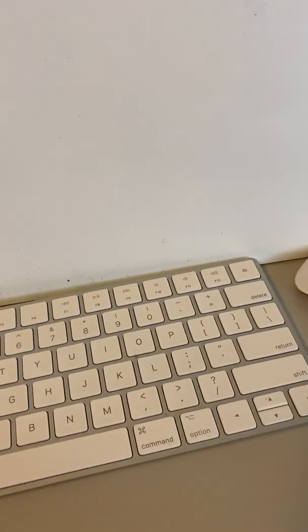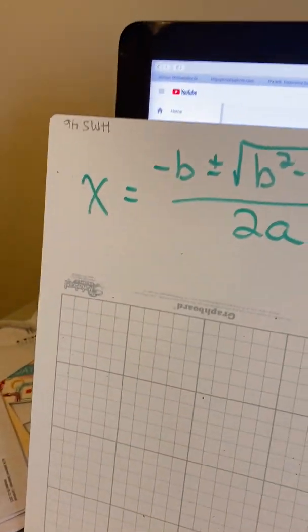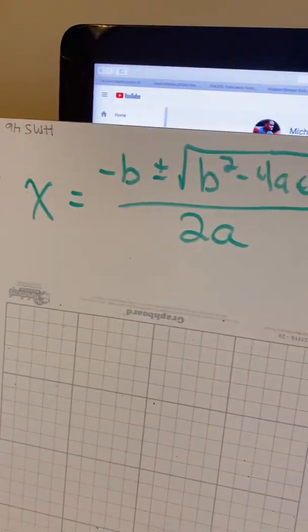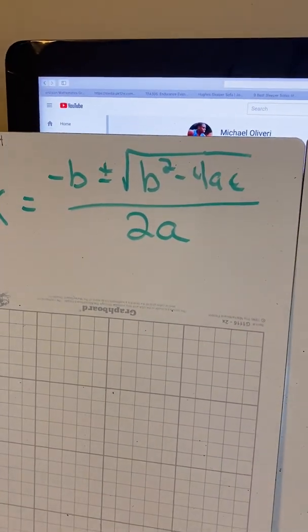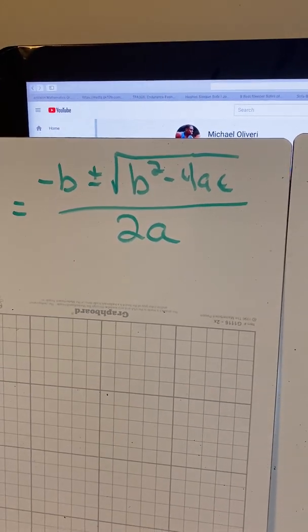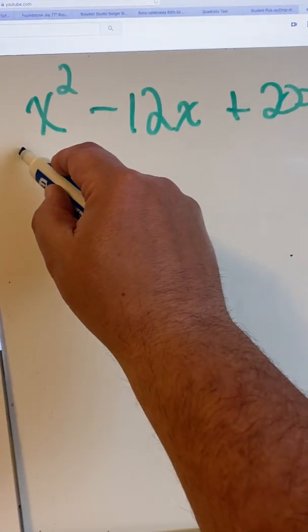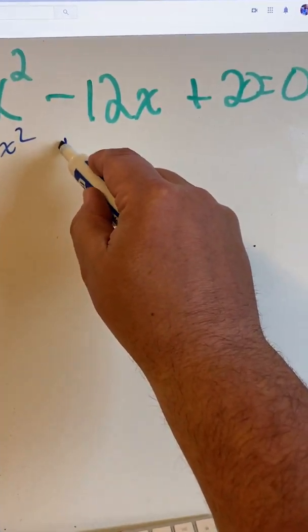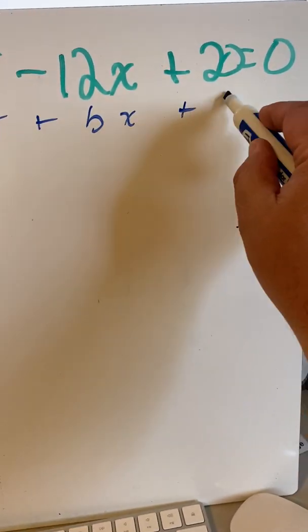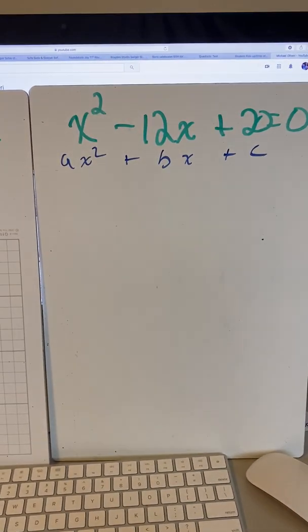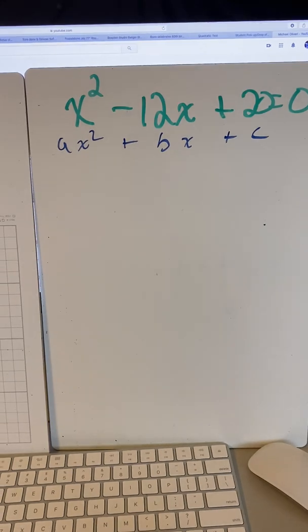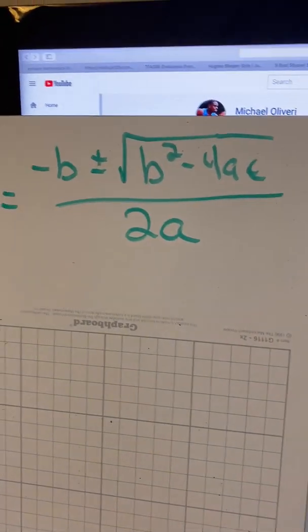It is this formula right here, the quadratic formula. x, your solution, is equal to negative b plus or minus the square root of b squared minus 4ac all over 2a. Well, we know that when we've got it written like this, it's in ax squared plus bx plus c form.